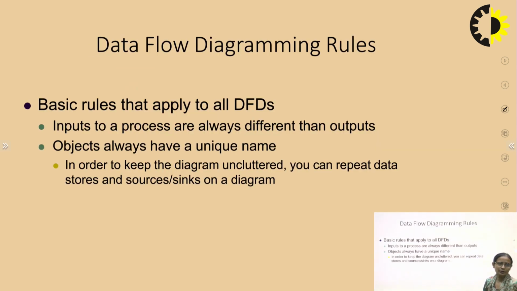So what are the basic rules that we should always remember when we draw a DFD? Inputs to a process are always different from outputs; that is, input and output cannot be the same. Objects always have a unique name. In order to keep the diagram uncluttered, you can repeat the data stores, sources and sinks on a diagram.